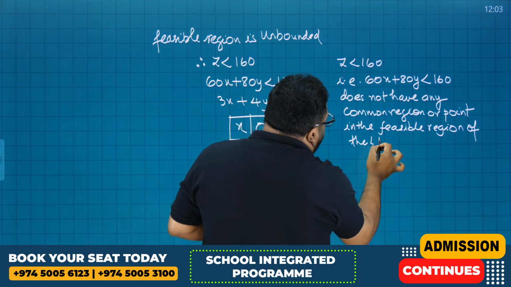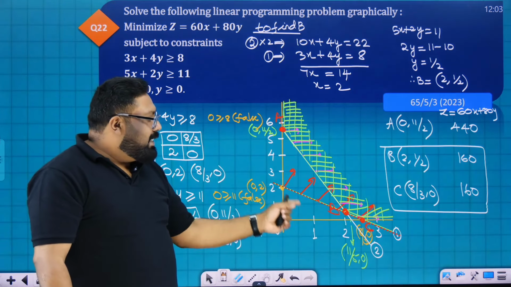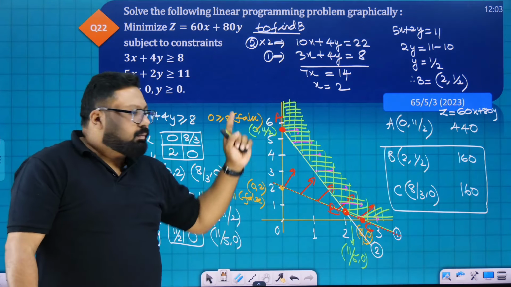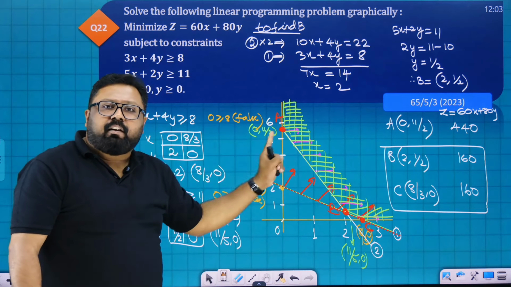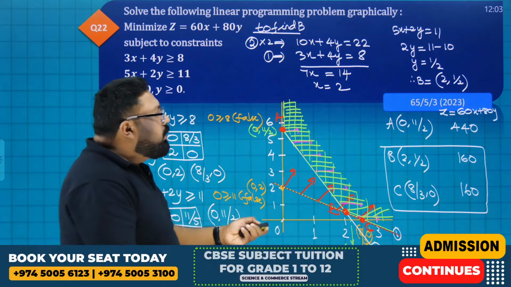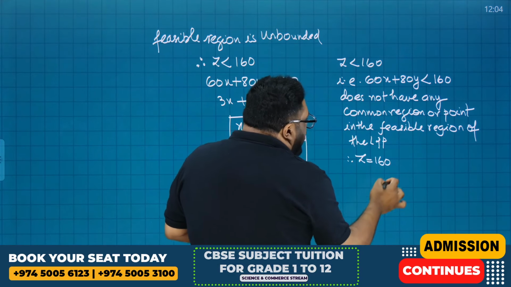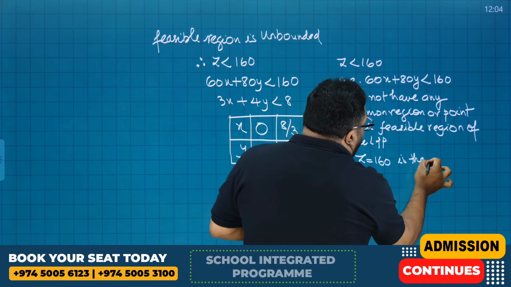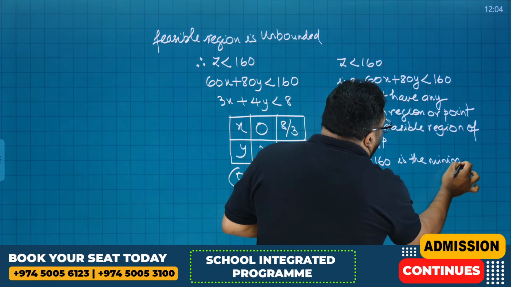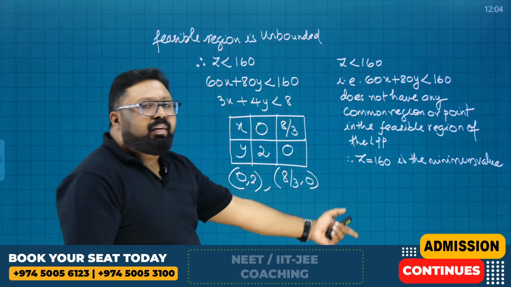We can very clearly see that this unbounded solution does not have any feasible region with this inequality we just now constructed. So we'll conclude that therefore Z is equal to 160 is the minimum value. Obviously, that is our minimum value.